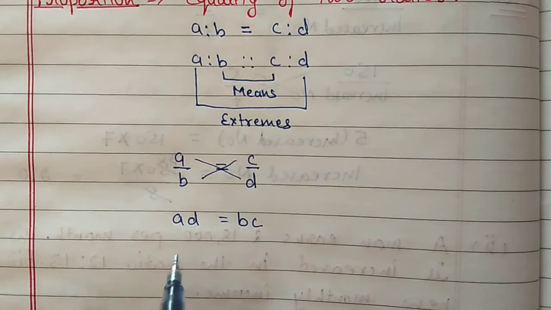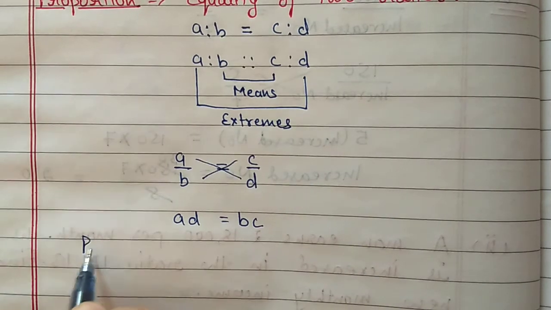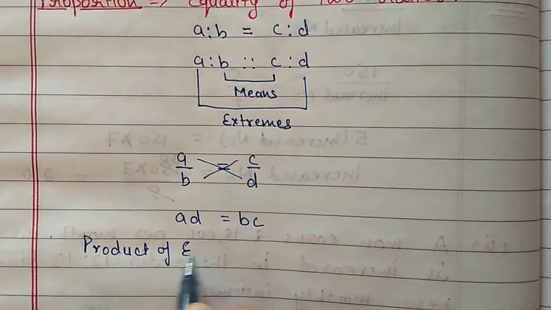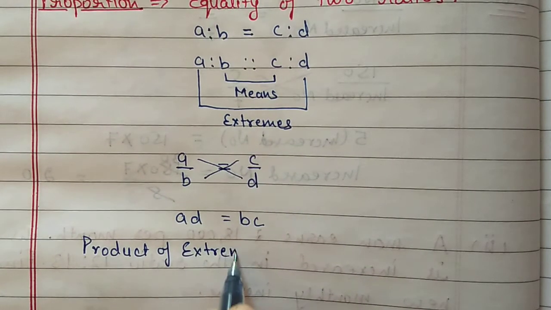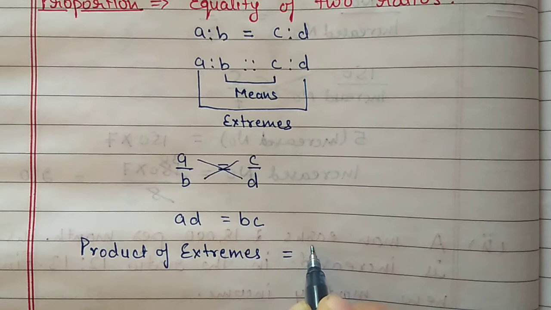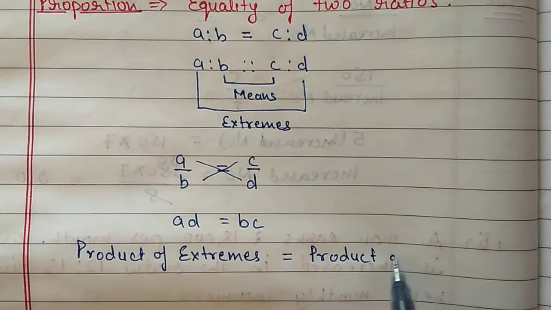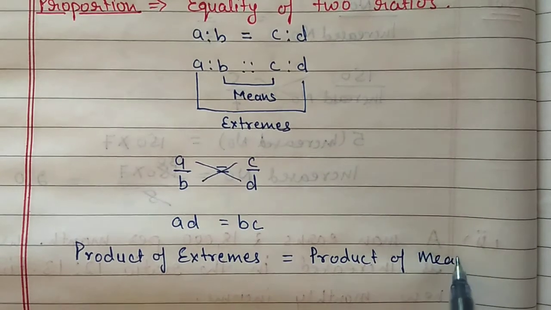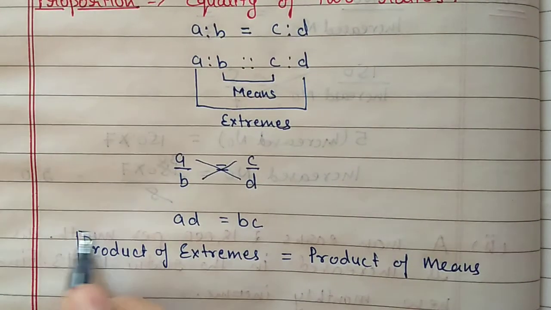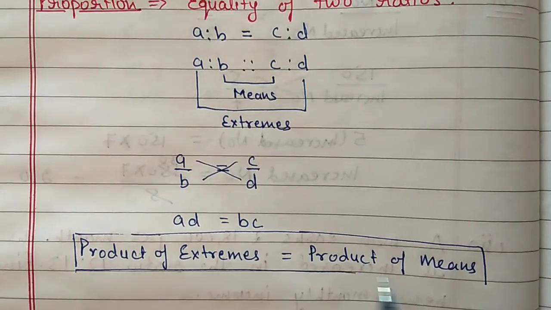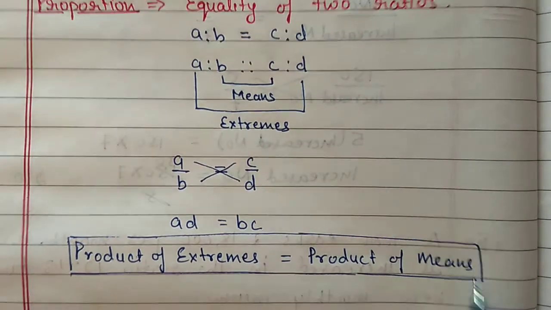So this thing we can write like this also, product of extremes is equal to product of means. With the help of this formula only we will do questions based on ratio and proportion.